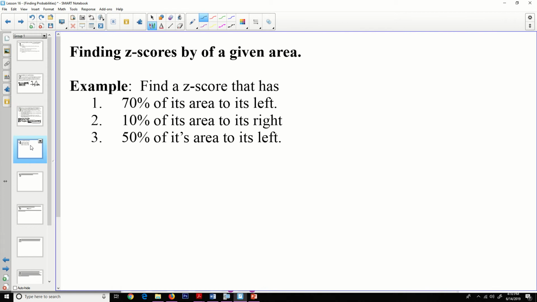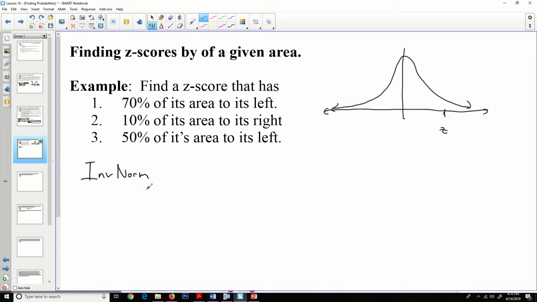Anyway, the next thing we're going to do is find z-scores of given data. Essentially, if they give us an amount of area, we can convert that into a probability on the standard normal curve, and we can calculate the z-score using a new calculator formula called the inverse normal, INVNORM.